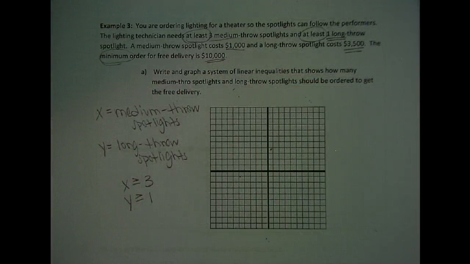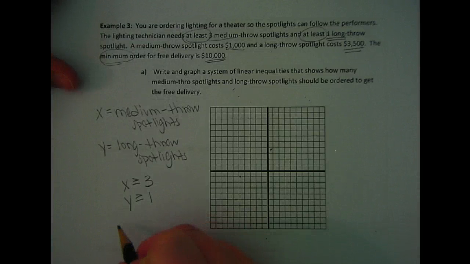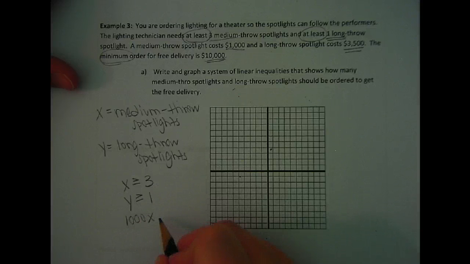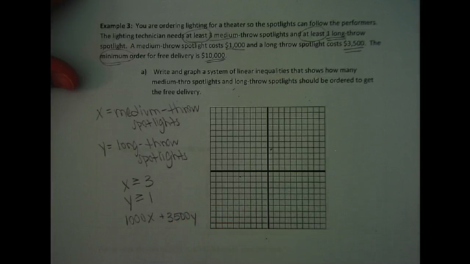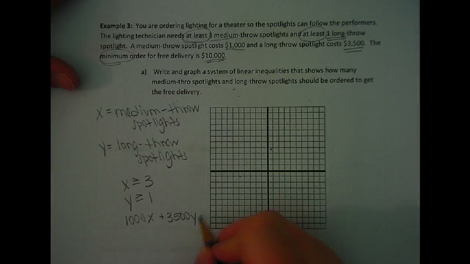So that means it could include 10,000 or more. So I think that's going to look something like this. $1,000x for a medium throw plus $3,500y for a long throw has to be greater than or equal to 10,000, sorry.